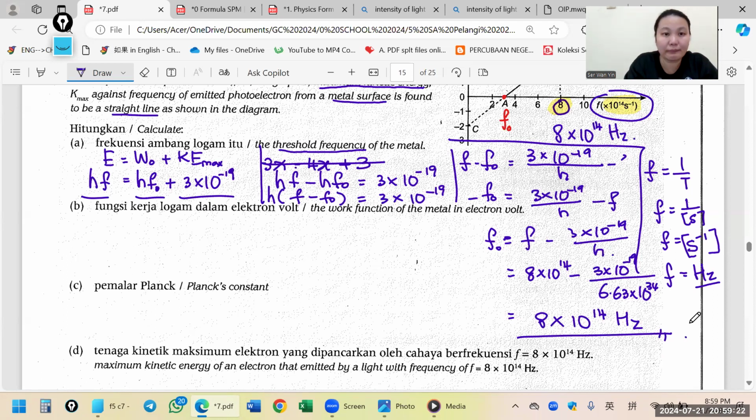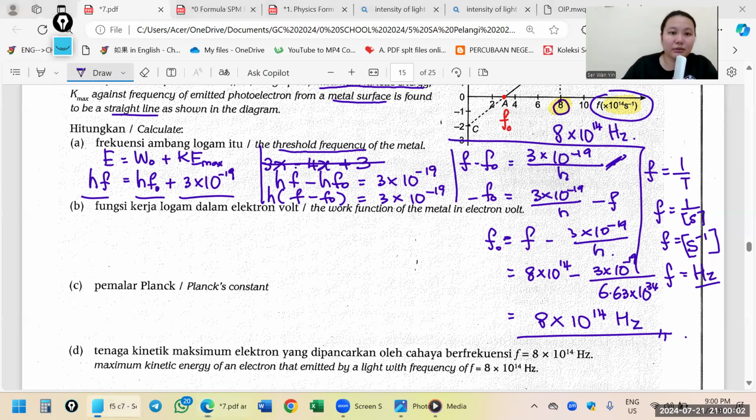Let me check one more time. I press 3 times 10 to the power of negative 19 divided by 6.63 times 10 to the power of negative 34.